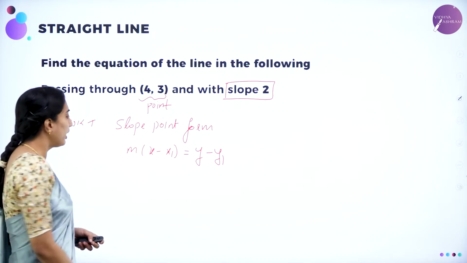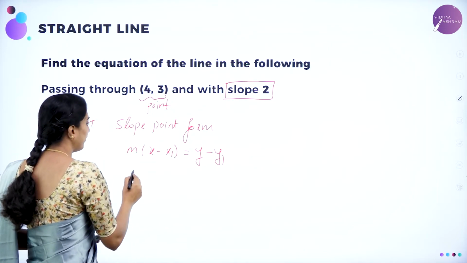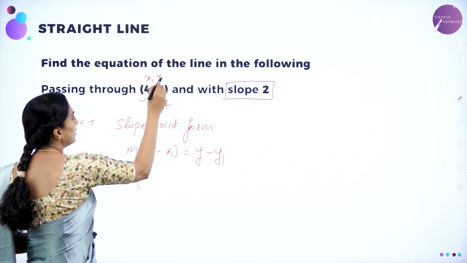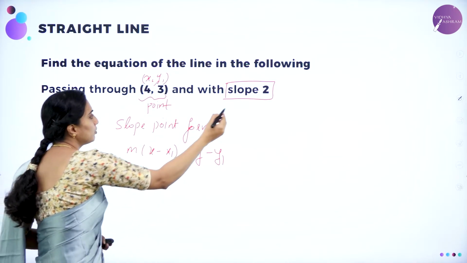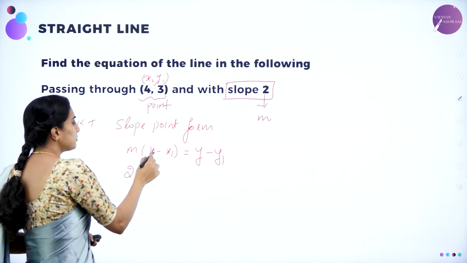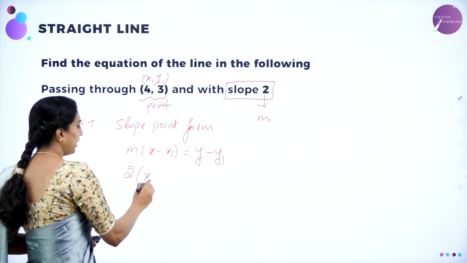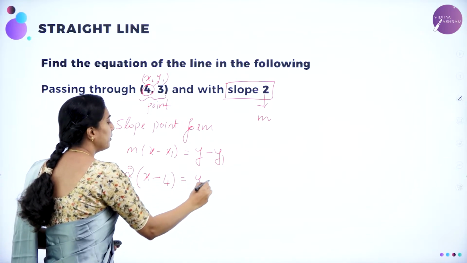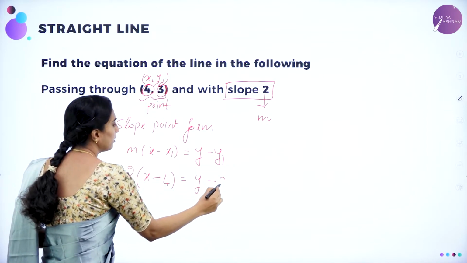Now substitute, m is nothing but the slope, which they have given as 2, into x1, y1, the point, which is nothing but 4, 3. So x minus x1, which is x minus 4, is equal to y minus y1, which is y minus 3.